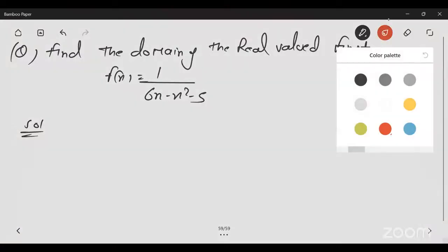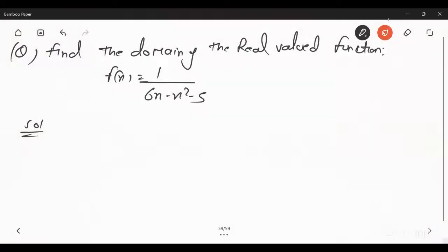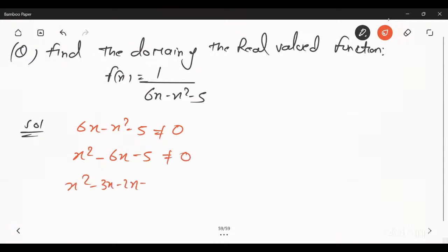So for the function to be defined, the denominator cannot be equal to 0. So 6x minus x square minus 5 does not equal 0. If you take minus common, you will get x square minus 6x plus 5 does not equal to 0.